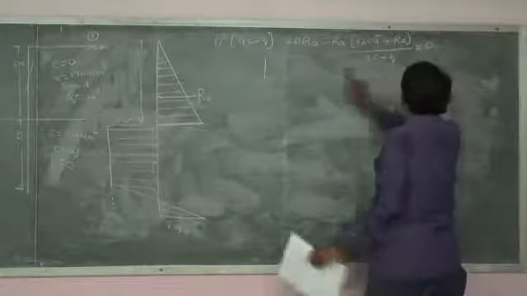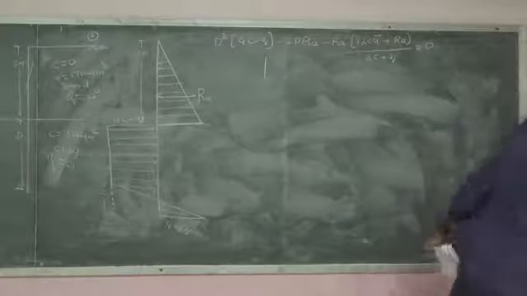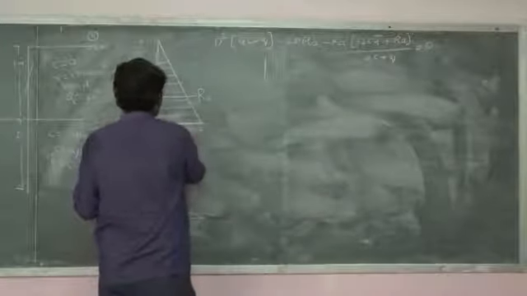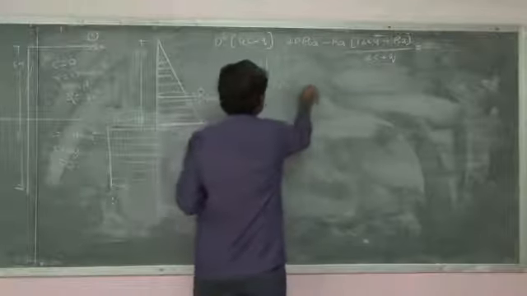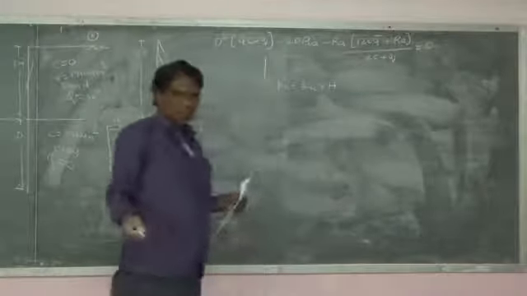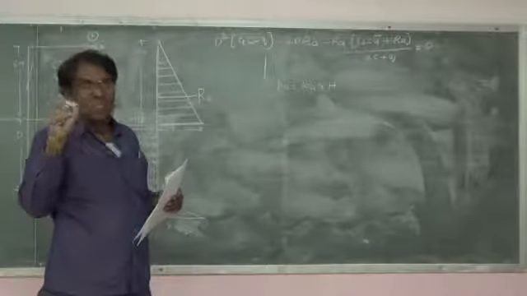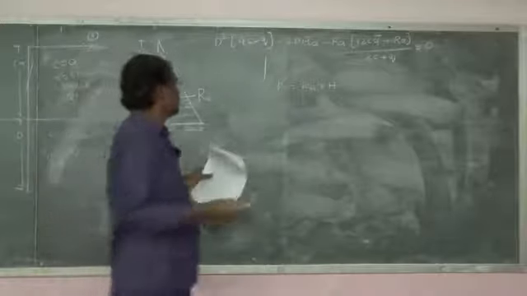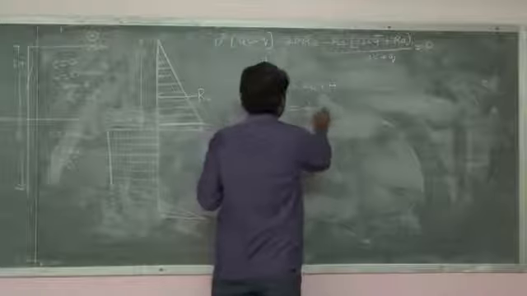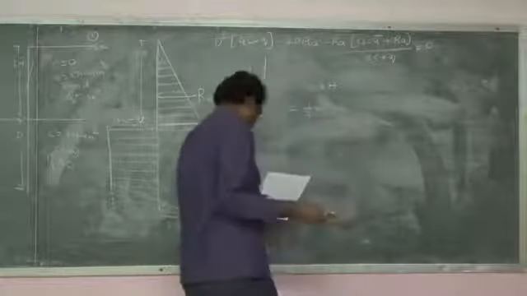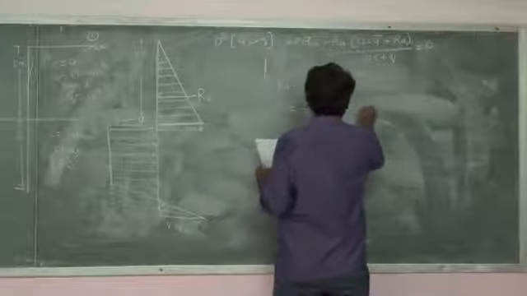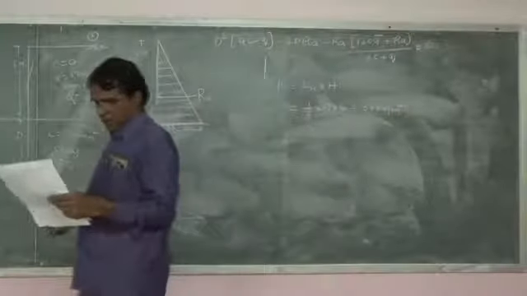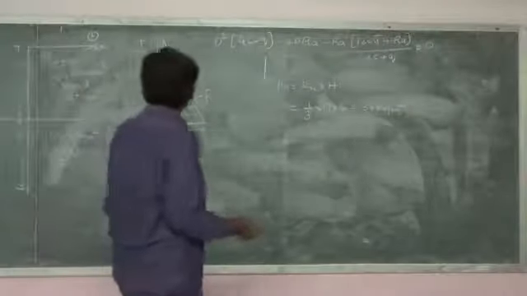Now RA I will calculate. First you calculate PA, and PA is given by KA into gamma H. When it was clay you calculated the base as Q minus 2C, and when it is sand, PA is given by K into gamma H, which is 1 by 3 into 17 into 6. 3 twos are 6, so it's 34 kilonewton per meter square.